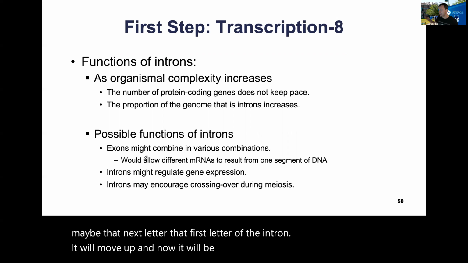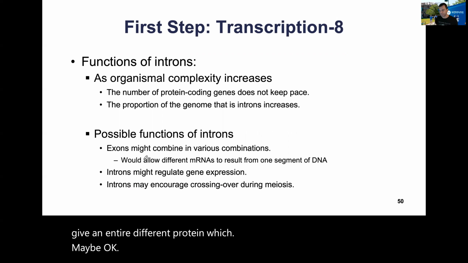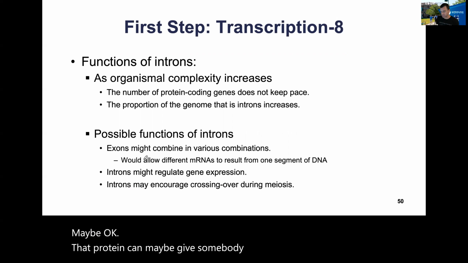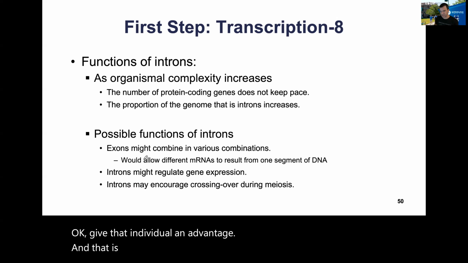And maybe it will give an entirely different protein, which may be okay. That protein can maybe give that individual an advantage. And that is just what evolutionary change is, a random act of mutation.